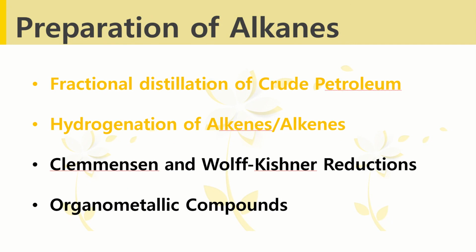If you have an alkene, you can hydrogenate using hydrogen gas and some metal catalyst, right? And then you also have Clemmensen and Wolff-Kishner reductions, as well as from organometallic compounds. So we're going to look at the last 2.